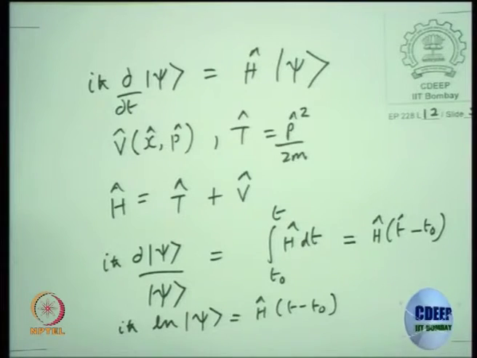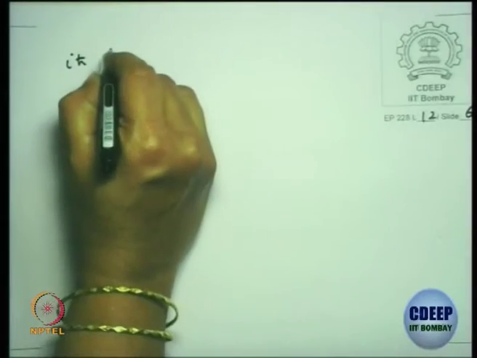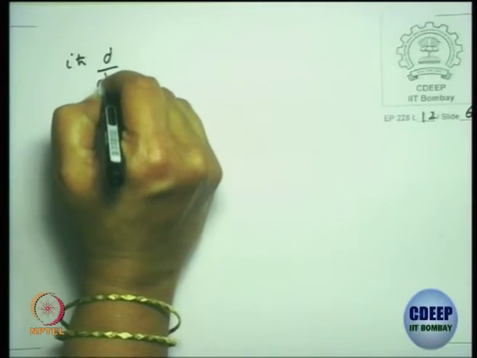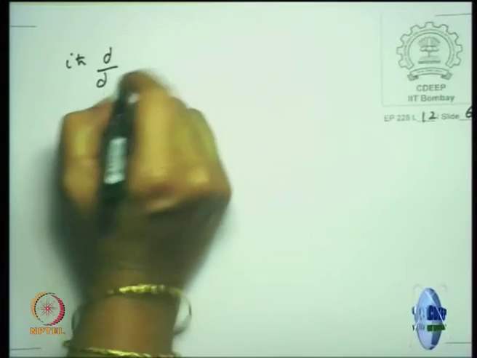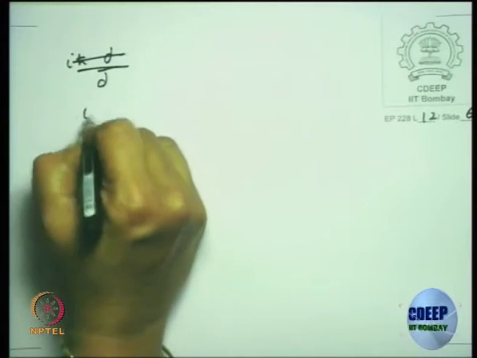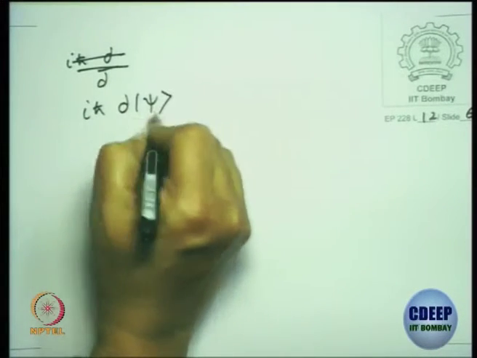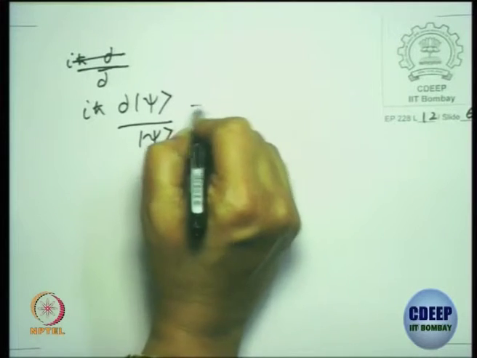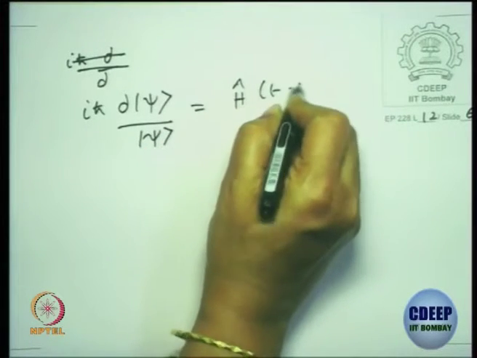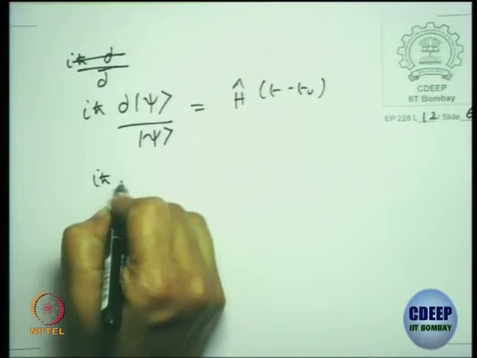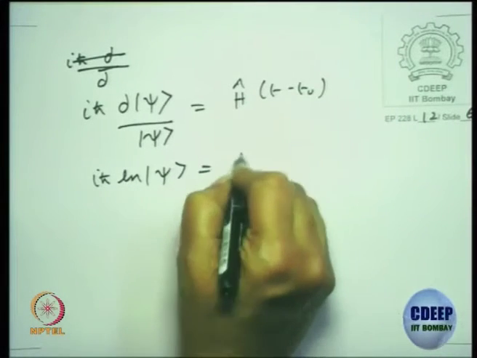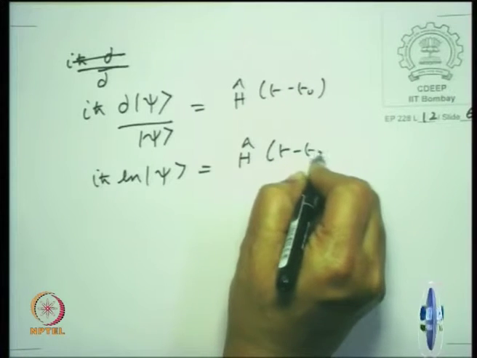and take the exponential on both sides, and then you will get, so we have i h cross del psi by psi equal to H, integrated from t naught to t. So, i h cross log psi is H (t minus t naught).